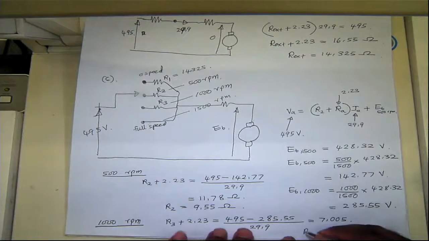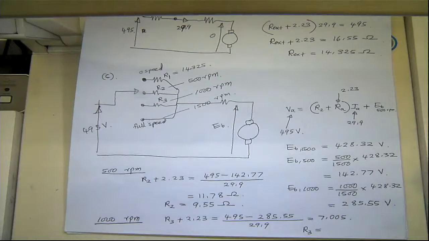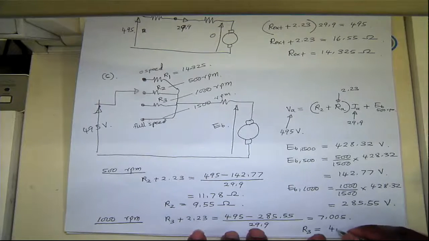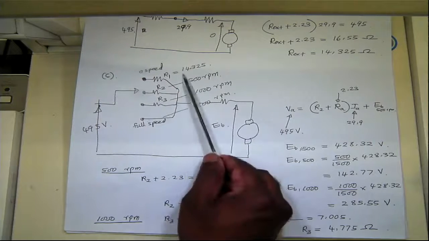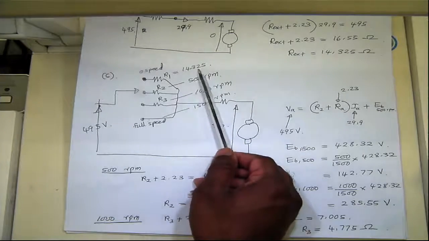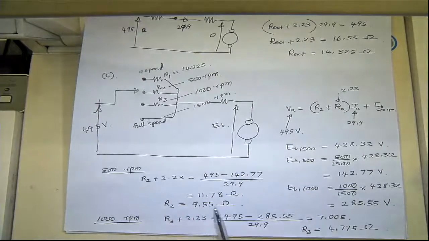Then R3 will be that minus 2.23, so 4.775 ohm. That's R3. So these are the resistances: one is 14.325, the other ones are 9.55, 4.77, and then 0 when short circuited.